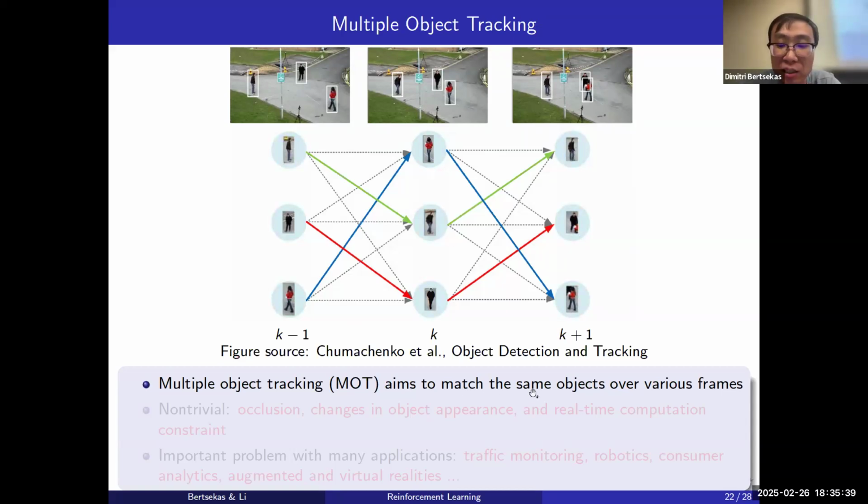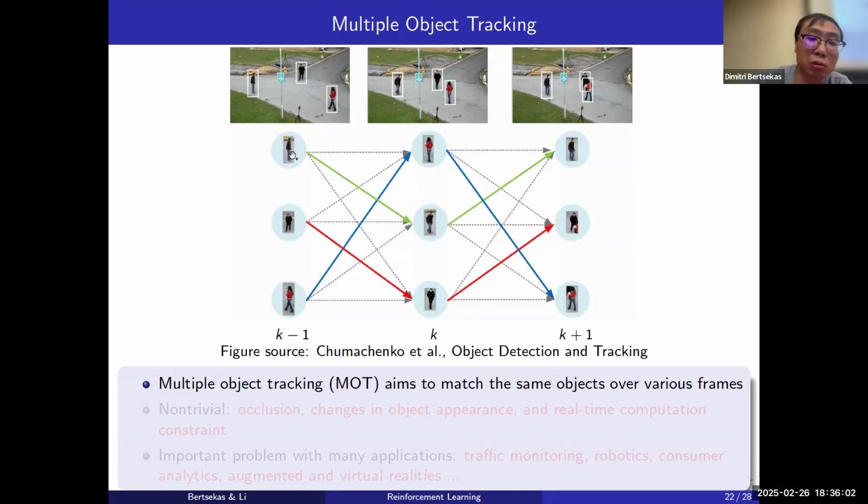Essentially, it's aimed to match the same objects over various frames. And as you can see, if we abstract it in this way, here are the 3 objects in the first frame, here are the 3 objects in the second frame, and here are the objects in the third frame.